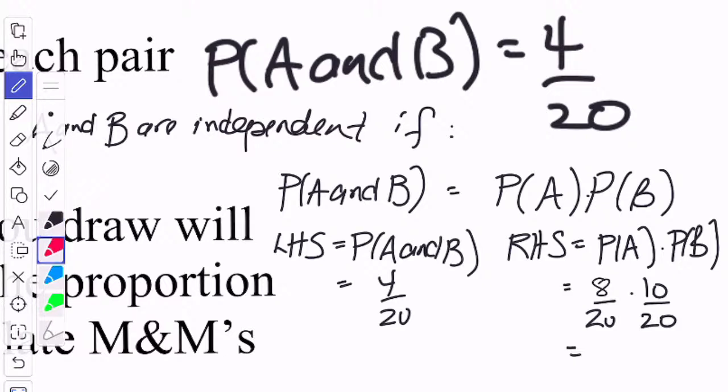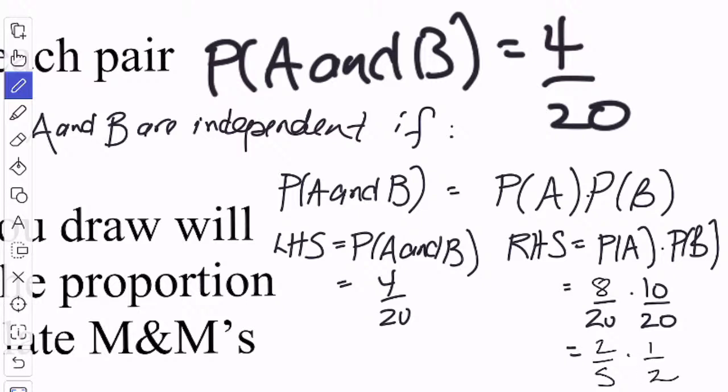you might do this different than me. I'm going to do it this way for people who don't like fractions. Let's say this would be 2 out of 5, and this is 1/2, right? So those just cancel.